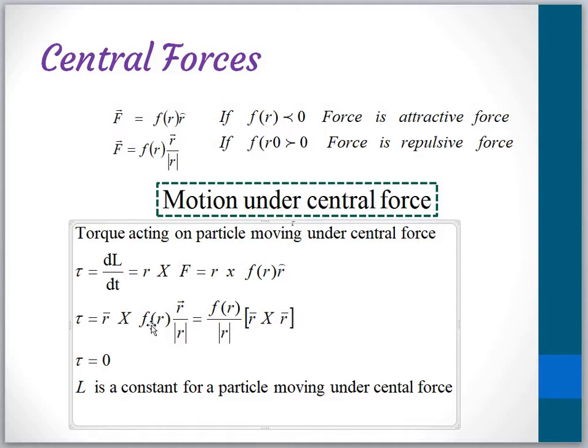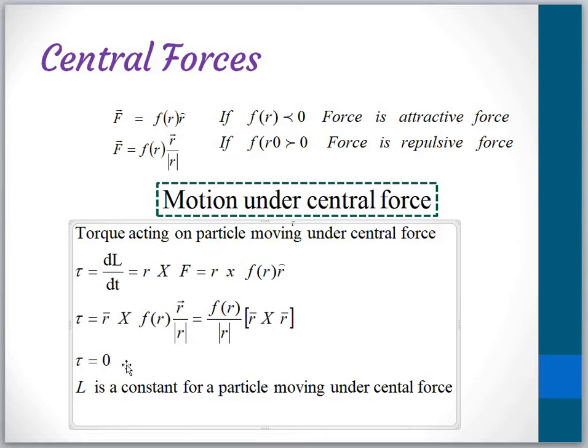Here F of r magnitude is a constant and the magnitude of r is a constant, so this equation can be written as r cross r. Here this is a vector and this is a vector, the displacement vector, and r is the direction of the central force. We know that the central force is either directed towards or away from the center. Anyway, it is proportional to r. So this is r cross r.